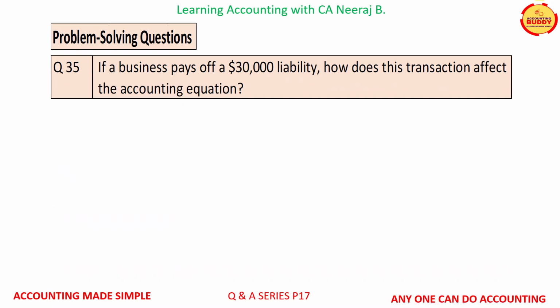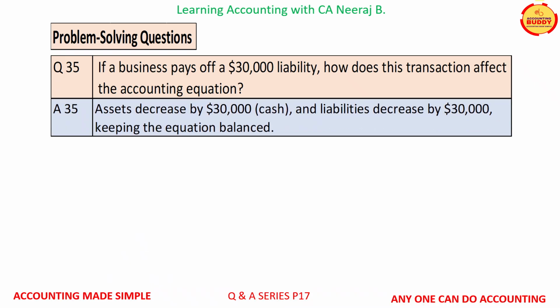Question number 35 on your screens is if a business pays off $30,000 liability, how does this transaction affect the accounting equation? The answer is assets will decrease by $30,000 and the liabilities will also decrease by $30,000, keeping the equation balanced.